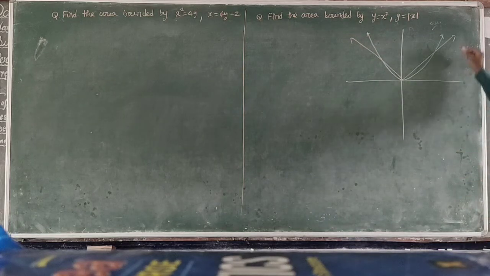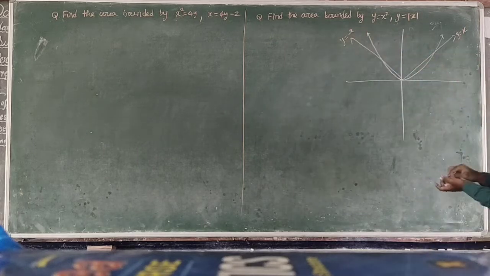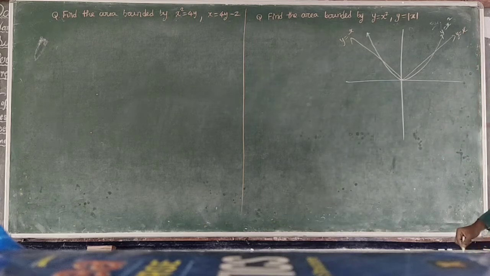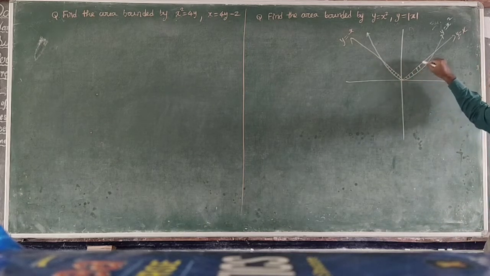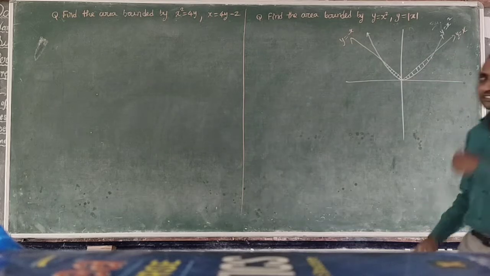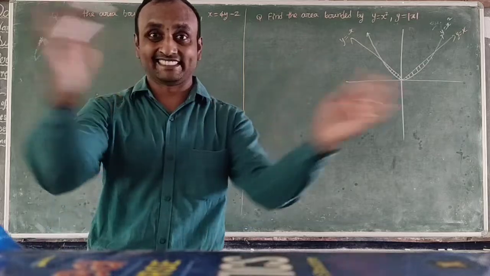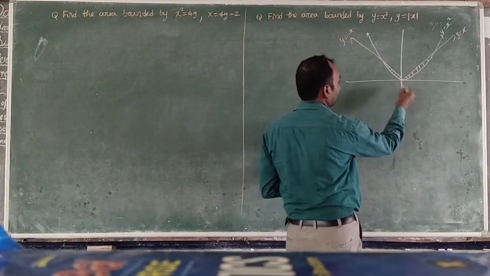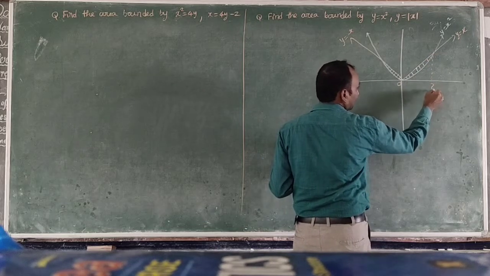So it is y equal to plus x and y equal to minus x, and the parabola is y equal to x square. The area bounded by these two you can see here. This is one area and this is one area. These two areas are equal because the graph is symmetric about the y axis; both sides are the same. So instead of finding the total area, we find it from 0 to this limit, whatever we get.